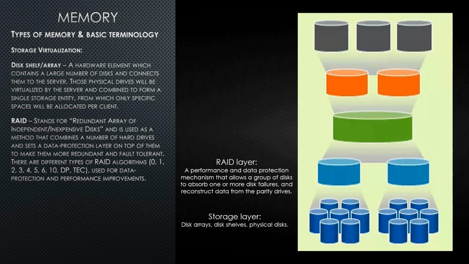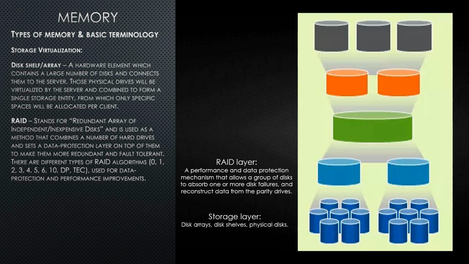On the second layer, we have the RAID algorithm, which serves as a data protection mechanism. RAID stands for redundant array of independent or inexpensive disks, and it is used as a method that combines a number of hard drives and sets a data protection layer on top of them to make them even more redundant and fault tolerant.